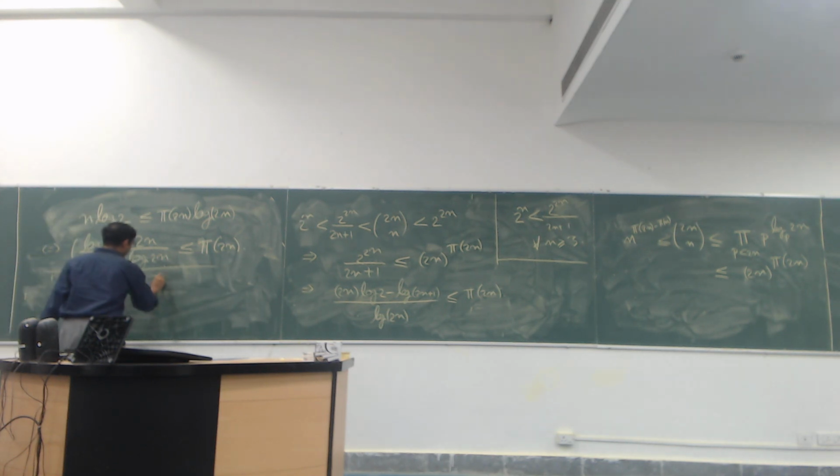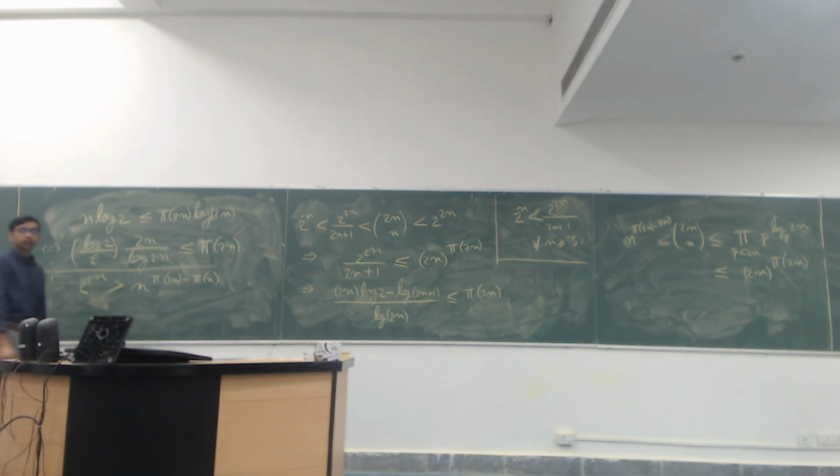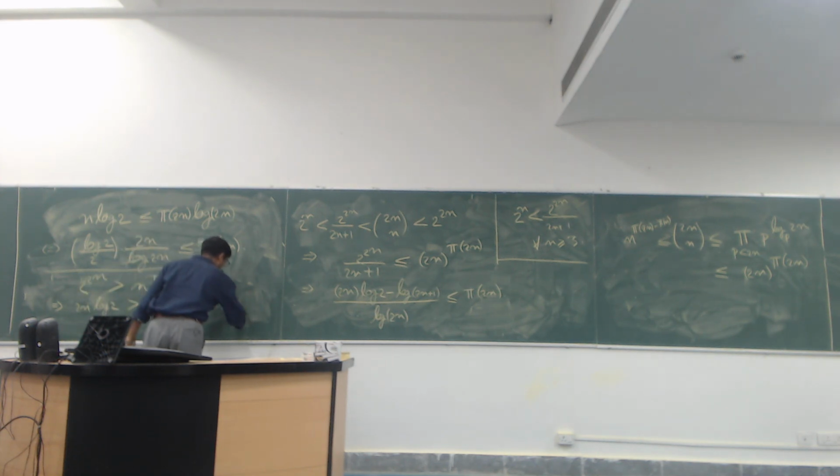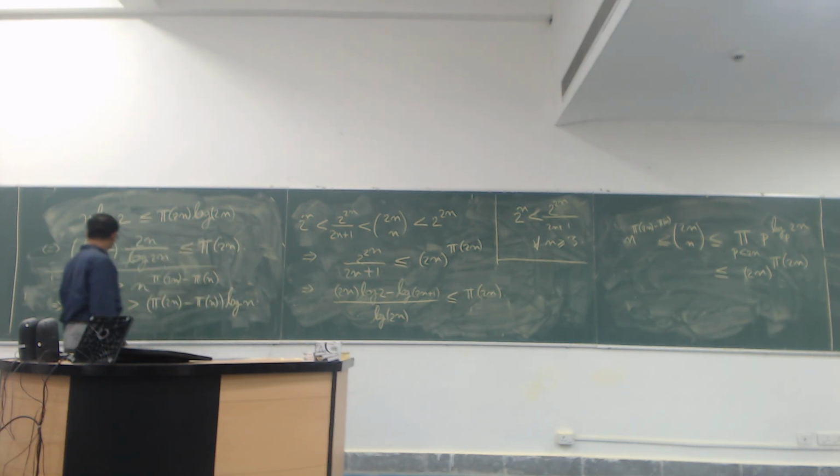That is, this is n to the power pi 2n minus pi n, which is smaller than that. Take logs again. So this implies 2n log 2 is larger than pi 2n minus pi n times log n.